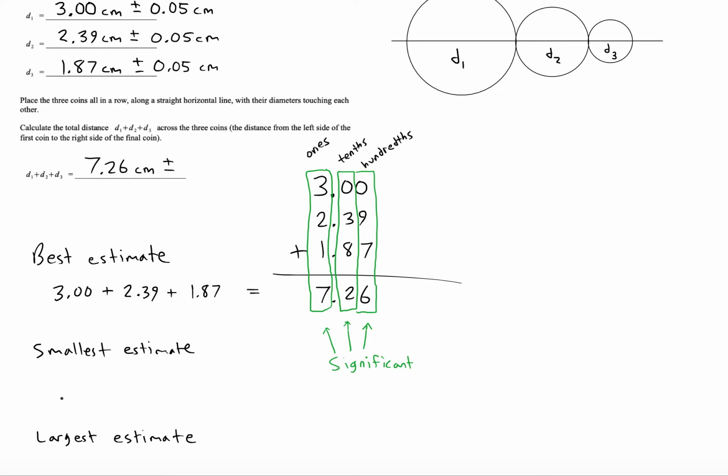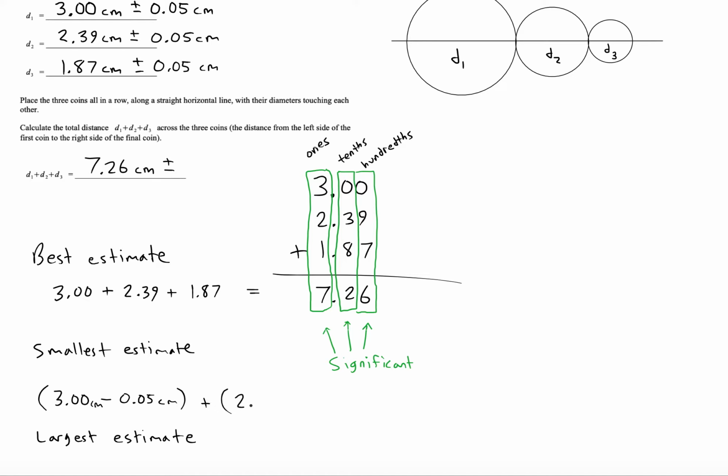Well, what you do is you would subtract the uncertainty from each measurement. So you take your 3 and then subtract 0.05 to get the smallest that the half could be.